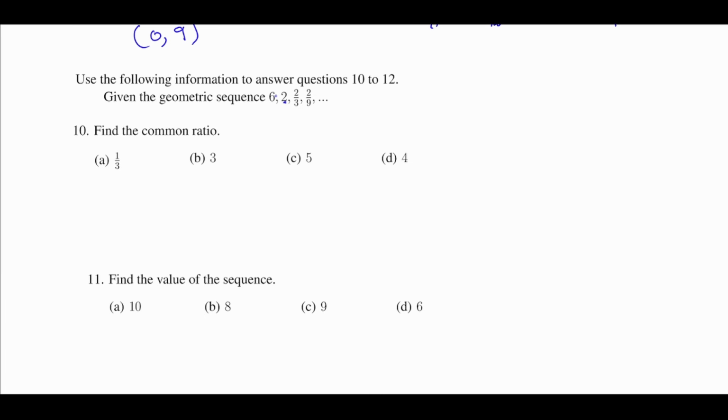The number that comes after the 6 is 2. So we have 2 divided by 6, and when we simplify, we have 1 over 3. Someone might also choose to take the third one and the second one, but it should be consecutive, and then you get 1 over 3. So here the common ratio is 1 over 3.